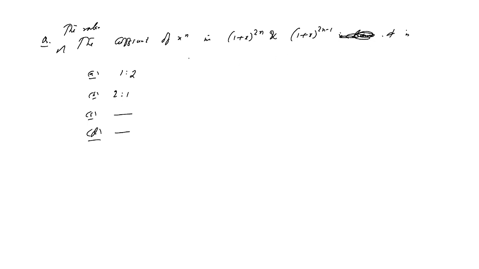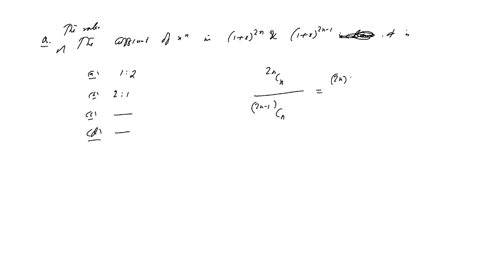The coefficient of x to the power n in the expansion of 1 plus x whole to the power 2n must be 2n Cn, and in the expansion of 1 plus x whole to the power 2n minus 1 it is 2n minus 1 Cn. So we just calculate the ratio.